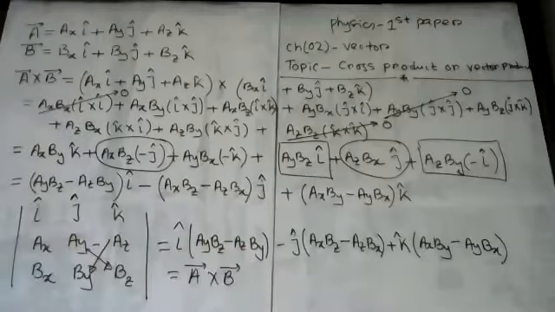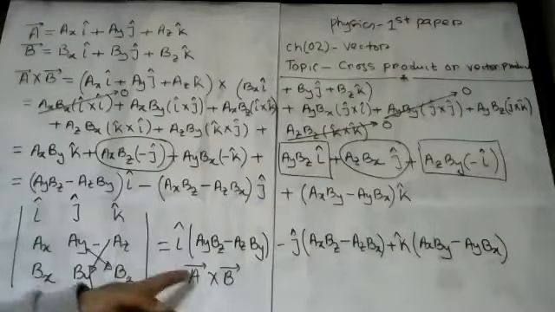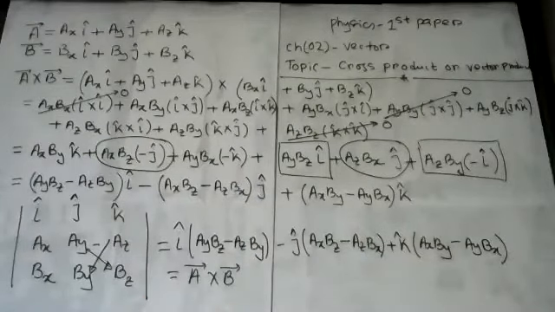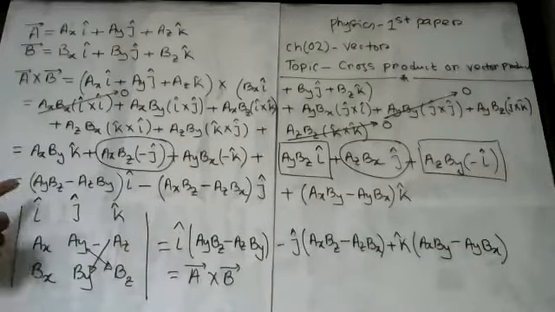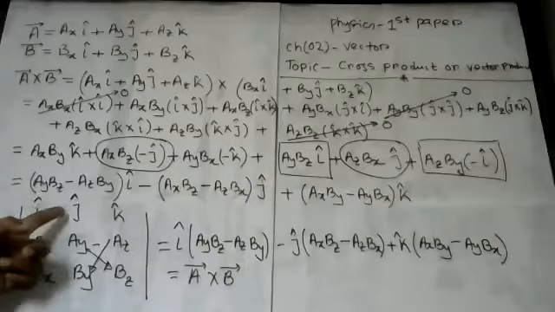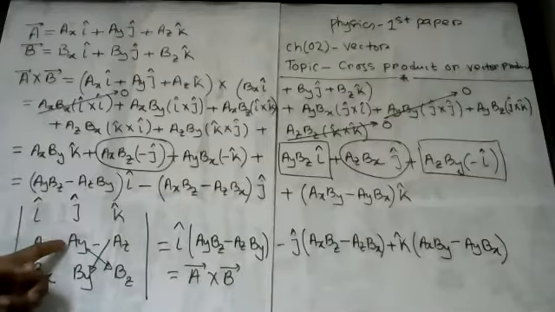Now I think the determinant is much easier to memorize and remember than that large formula. So vector a cross vector b will equal i hat, j hat, k hat, then ax ay az, then bx by bz.